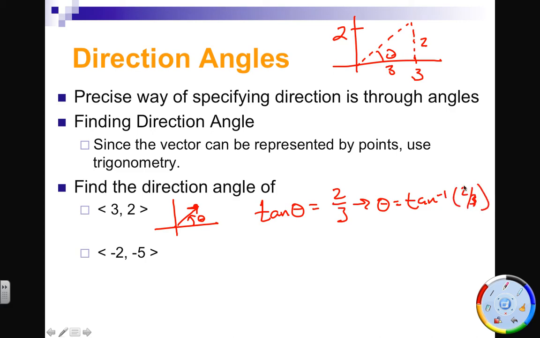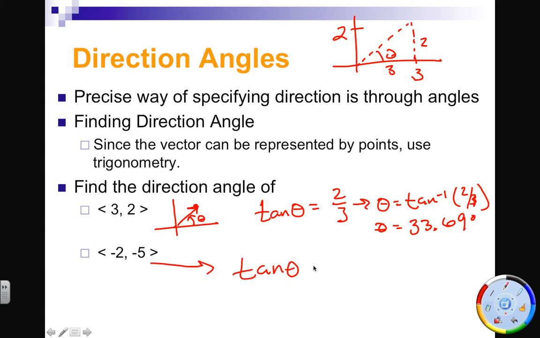On my calculator, degrees are fine here, so let's do degrees. Tan inverse of 2 divided by 3 gives theta as 33.69 degrees.